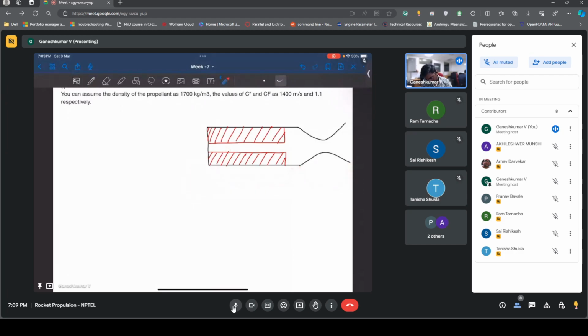So from here what happens, let me also draw a center line. Let's say you take this as a radial direction, so the burning is going to happen on this surface, and this surface is going to keep on regressing. So if I want to draw a side view of it, let's see how accurate I can be.